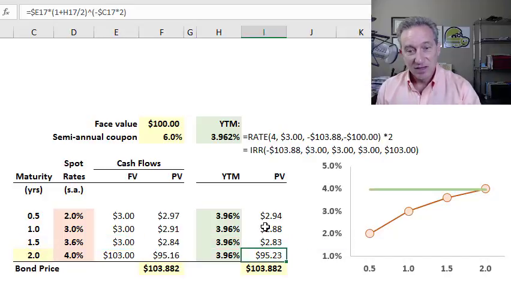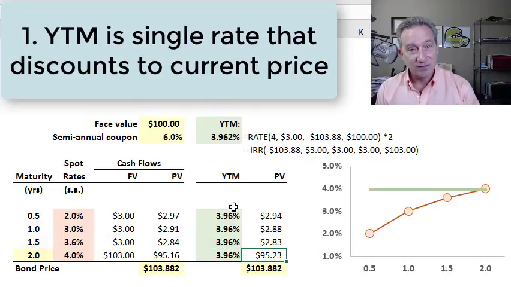But over here, my discount rate is the same, and that's the definition of the yield to maturity. So if we go back to my plot over here, where in orange I have the 0 rates, if I want to plot the yield to maturity, because it's the single discount rate that produces a discounted present value that matches our observed price, the only way to really plot it is with a horizontal line.